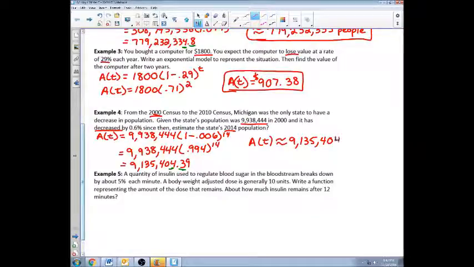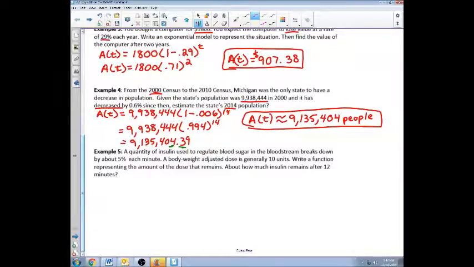In this case, I'm going to stay the same. Not a very large drop in the number of people. Only, let's see, it's only about, well, I guess it is a pretty big drop, 803,000 people.